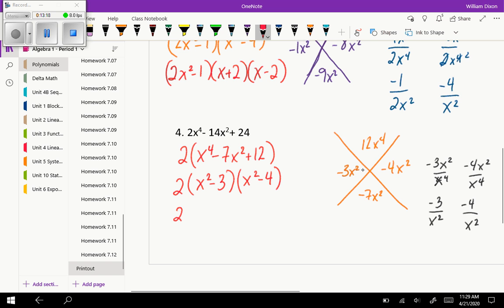So I'm going to bring down my 2. x squared minus 3 is factored, but x squared minus 4 is the difference of two perfect squares. That's going to factor to x plus 2 and x minus 2. And now that trinomial is factored completely.